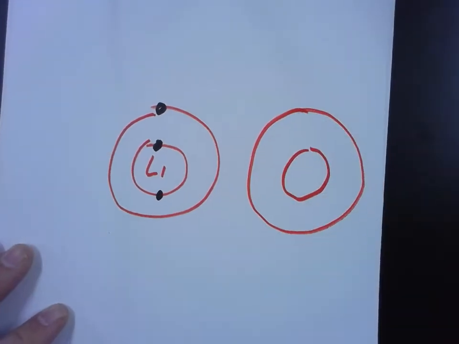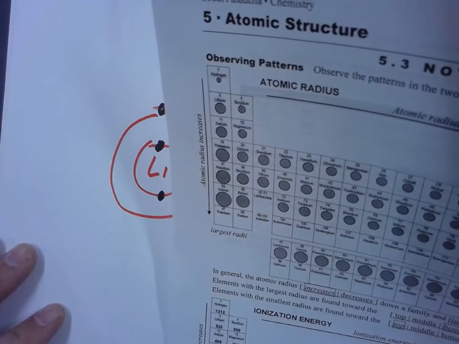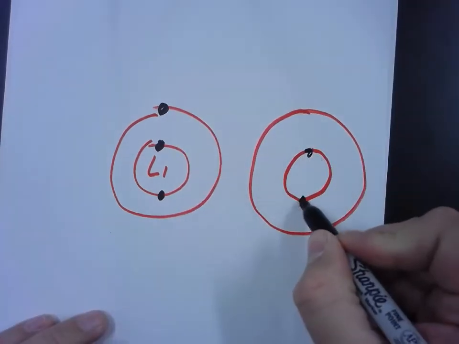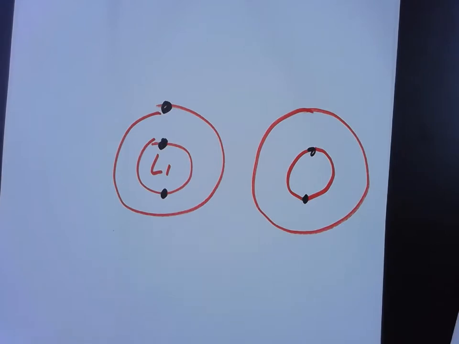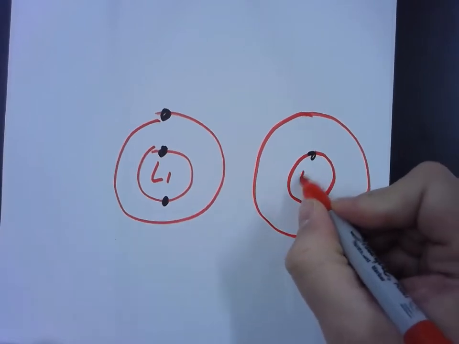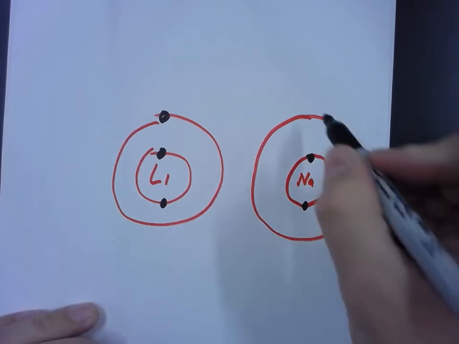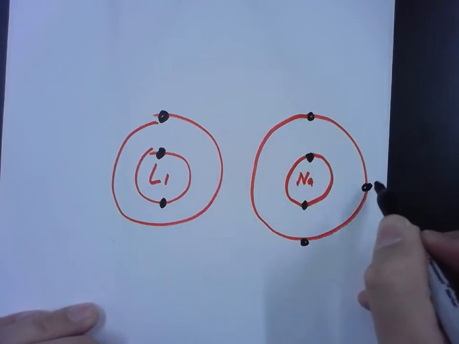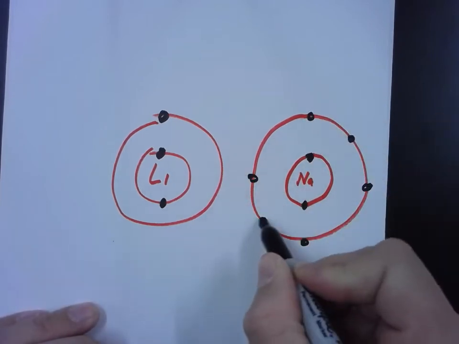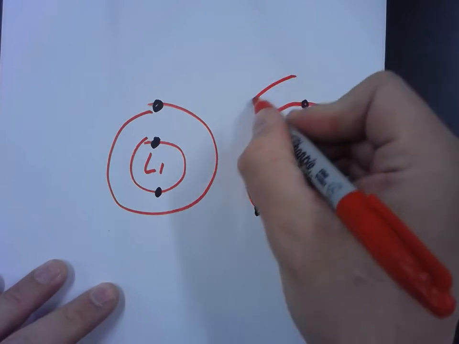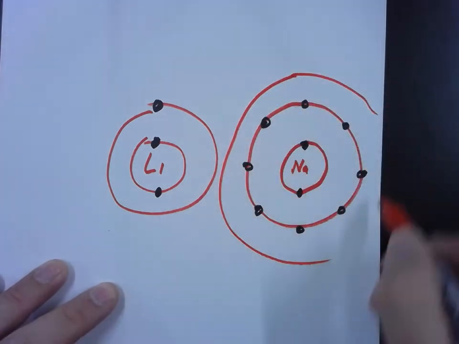Sodium has a grand total of 11 electrons. So there's 1, 2. This is sodium, Na. That's 1, 2, 3, 4, 5, 6, 7, 8, 9, 10, and 11.